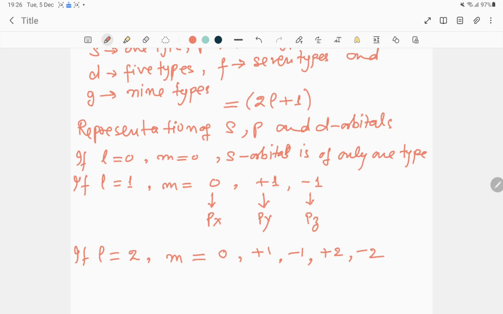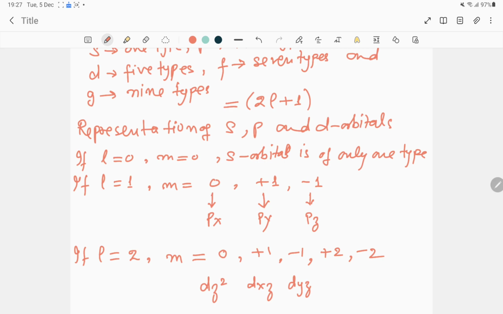If the value of l is 2, then d orbitals are of 5 types, and if the value of m is 0, then the d orbital is known as the dz square orbital. If the value of m is plus 1, then the d orbital is called dxz. If the value of m is minus 1, then the d orbital is known as the dyz orbital.